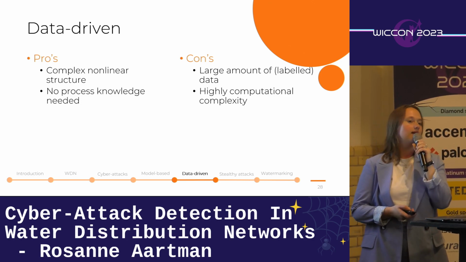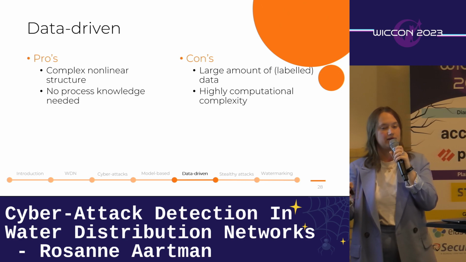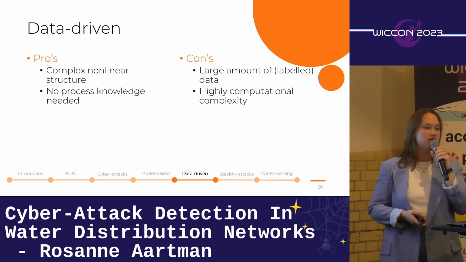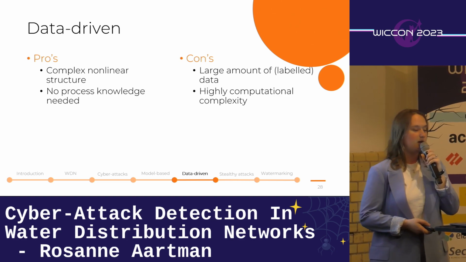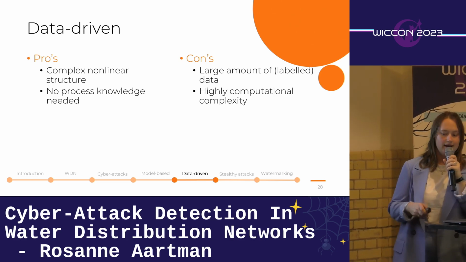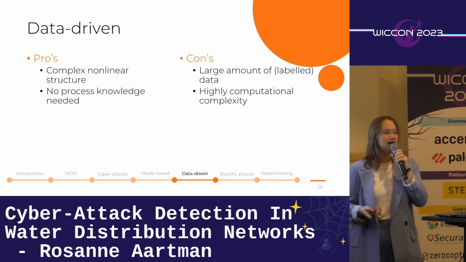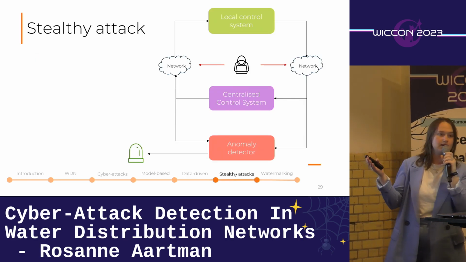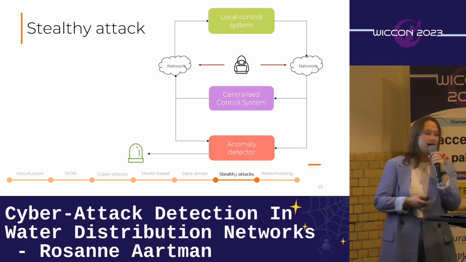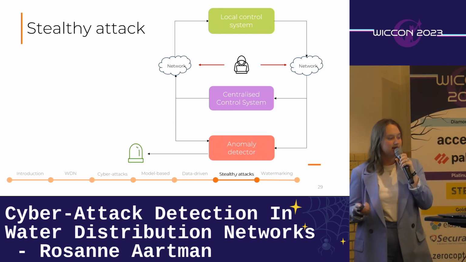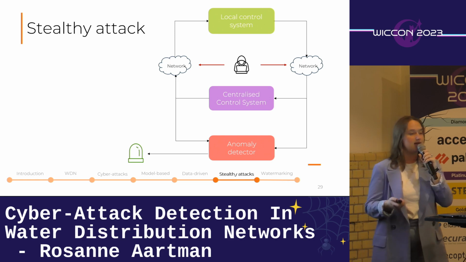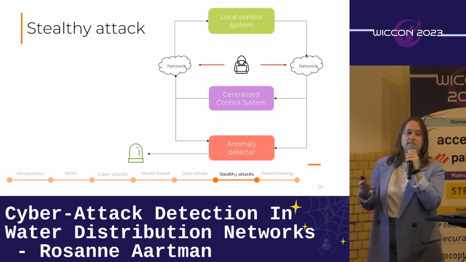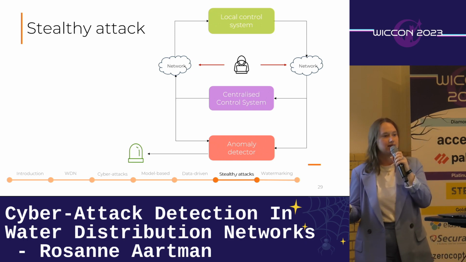So now we have, as a society, developed a lot of good methods to detect anomalies. However, the adversary has its fancy self as well, and is able to inject a stealthy attack by following the expected behavior of our system, by, for example, mimicking noise or exploiting the control theoretic properties.